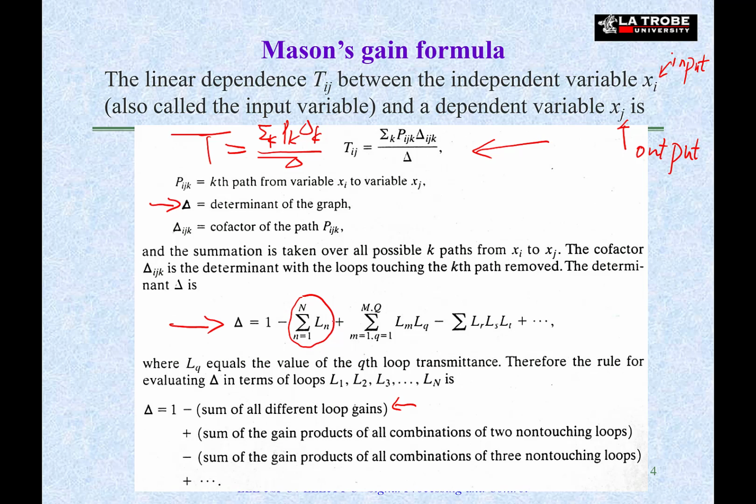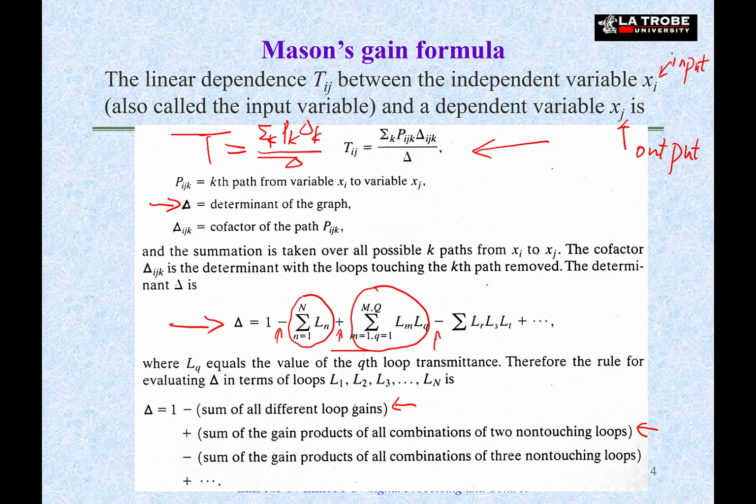Then we have a plus sign, and if you look more closely into this formula, you will see the sign actually alternates. Now let's talk about the second summation. The explanation of this summation is given by the second bracket. The sum of the gain products of all combinations of two non-touching loops.